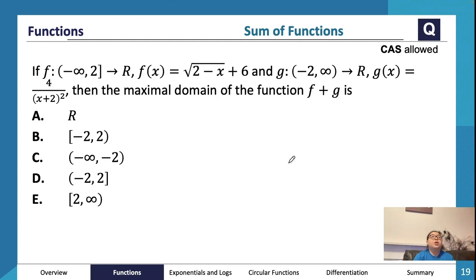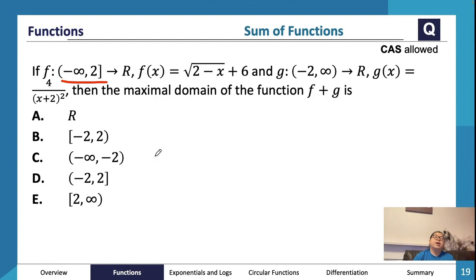So what we need to find out first is what the domains of each are and how they work together. The domain of the first one we can see is negative infinity to 2.